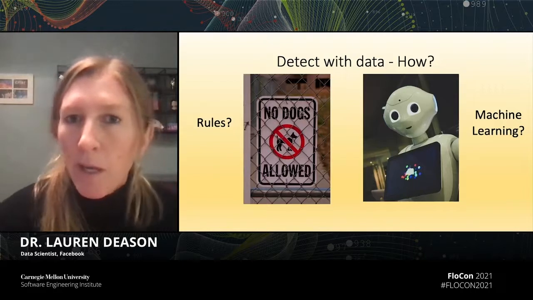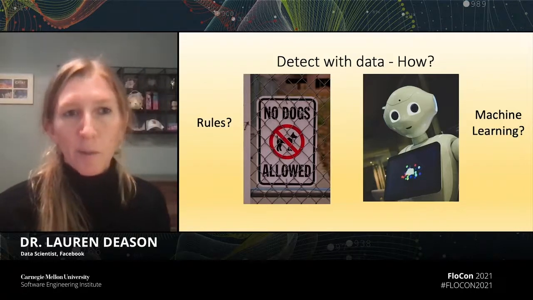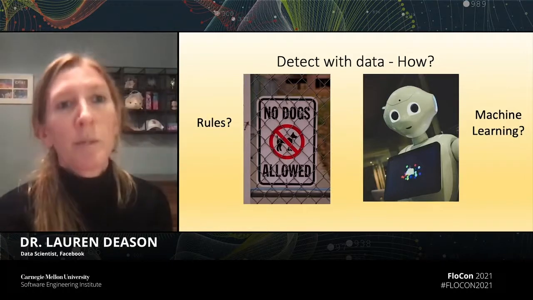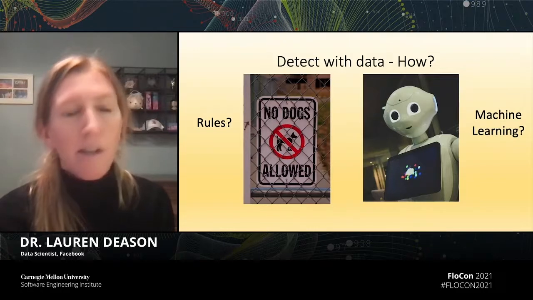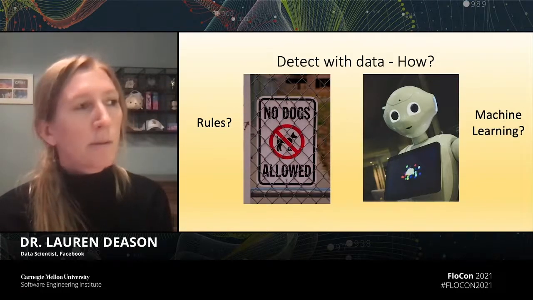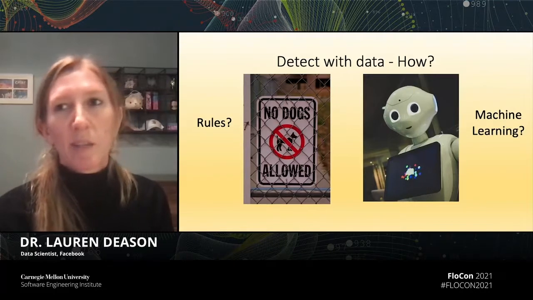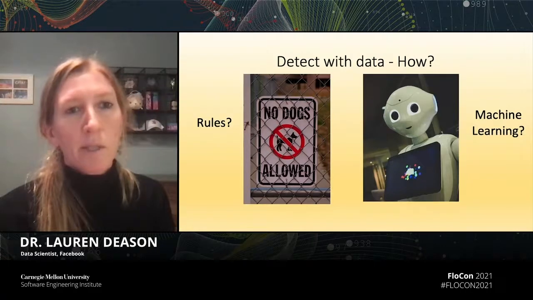Okay, so at this conference, I suspect, being a research conference, most people here are probably more interested in one of these two categories versus the other. And I want to make the point in the next examples that I give that there's a lot of value in both of these.